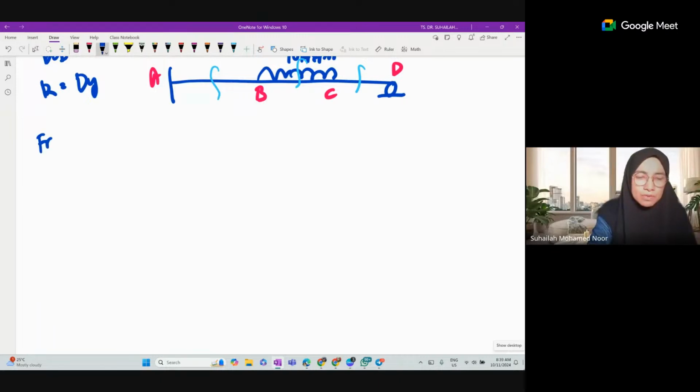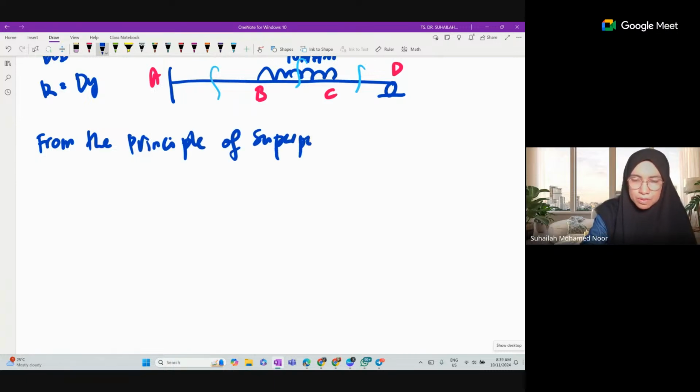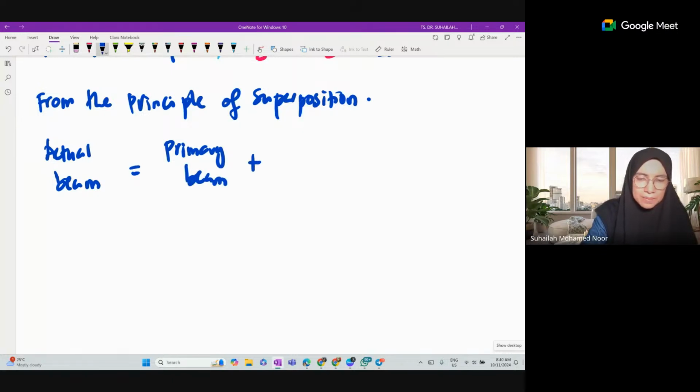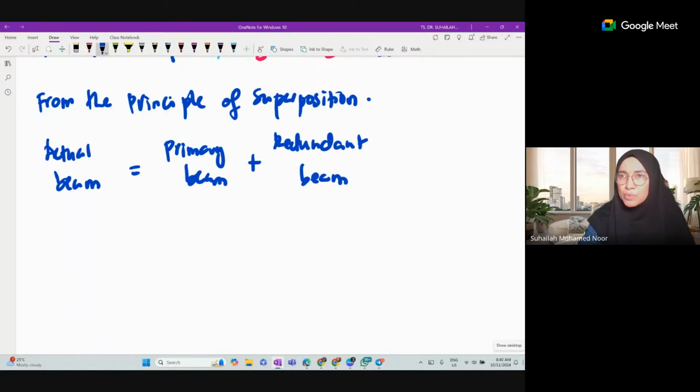From the principle of superposition, the actual beam is equal to the primary beam plus the redundant beam, and the redundant now is DY.